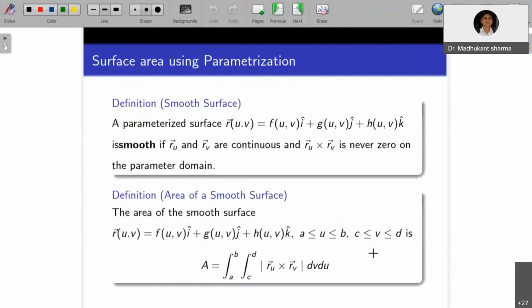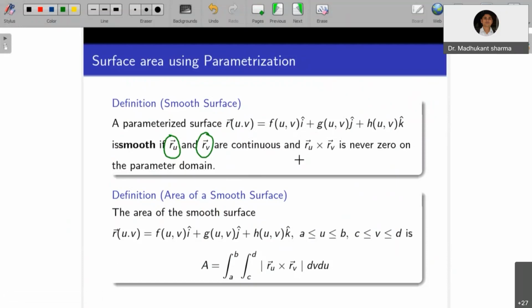See, these partial derivatives r_u and r_v will be vectors in the tangent plane, and r_u cross r_v will give you the normal.